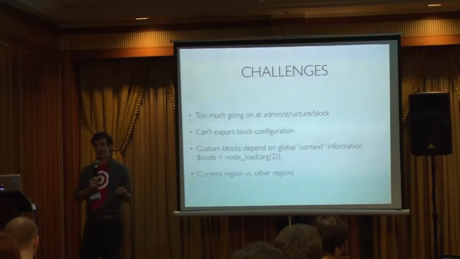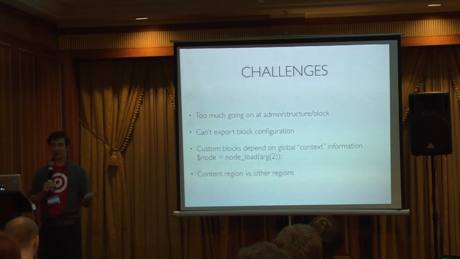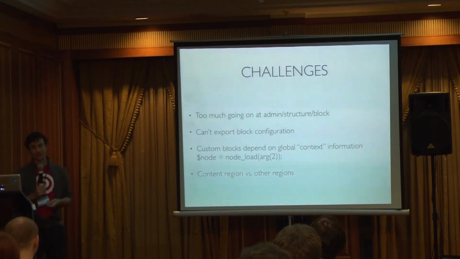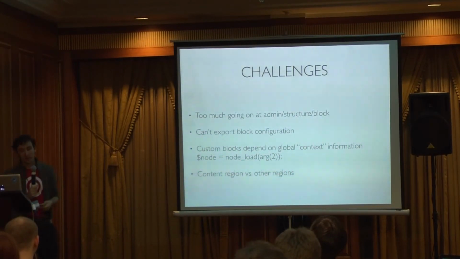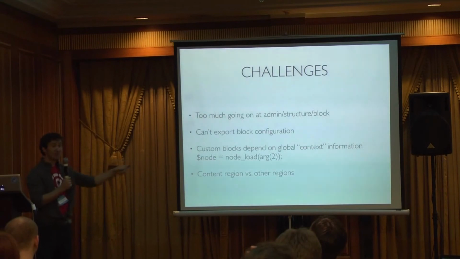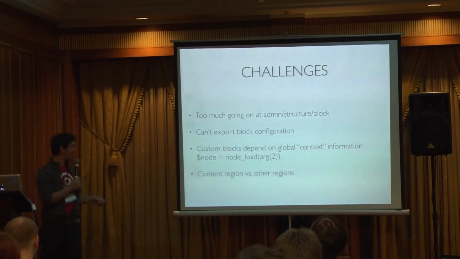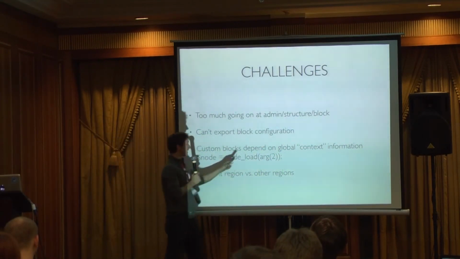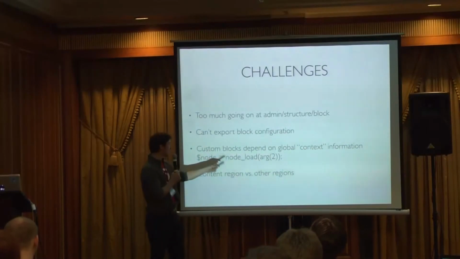And then we have the standard blocks themselves. They don't really have any context information about what is available. So what we usually do is just load the current node by doing some argument magic, like the second argument of the URL is mapped to the current node.